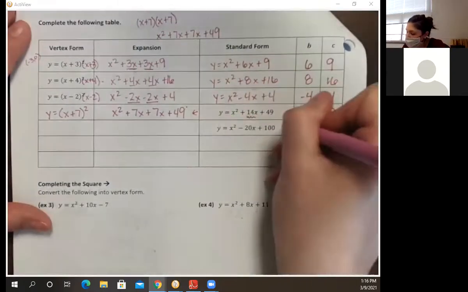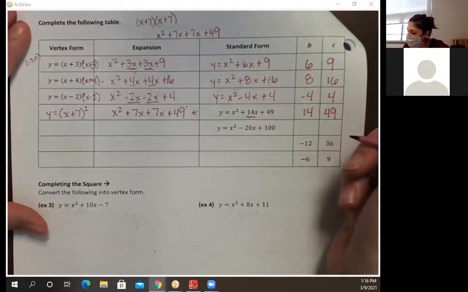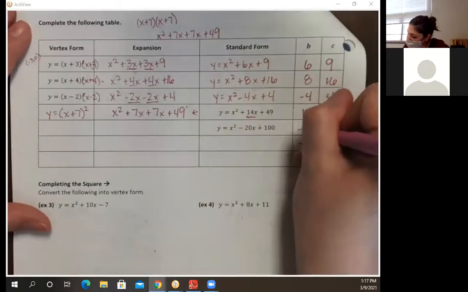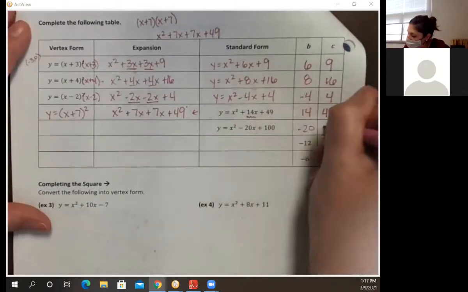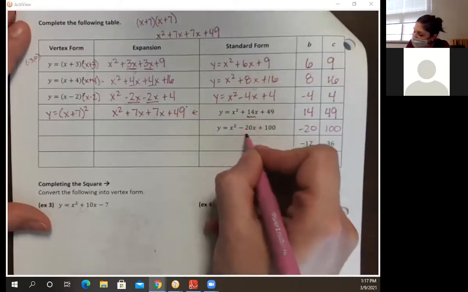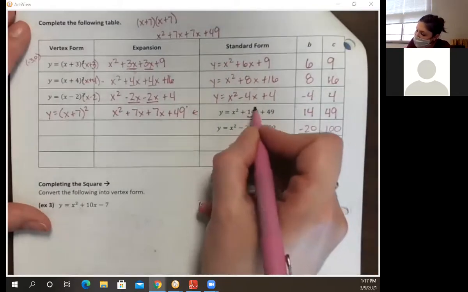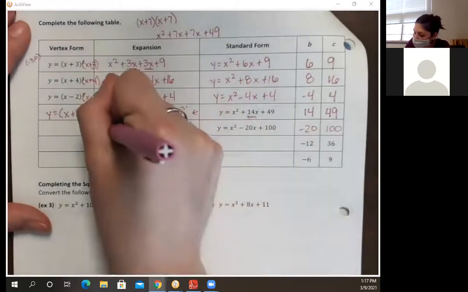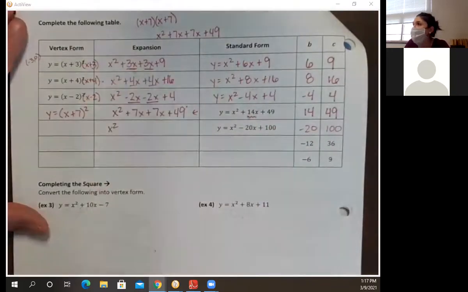For our next example, same idea. We have standard form. Our b value is negative 20. Our c value is 100. So we want to split this negative 20 up the same way we split up our 14. So I would have x squared. How do I want to split up that negative 20x?